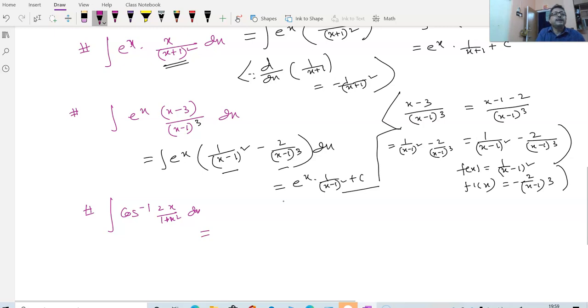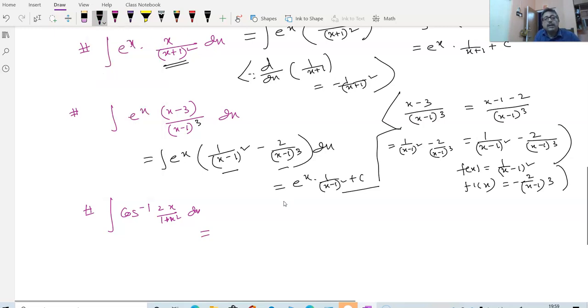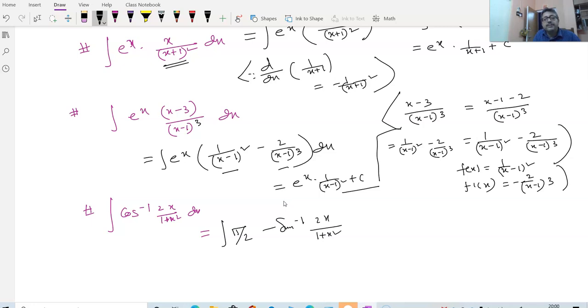You will write this as pi by 2 minus sin inverse of 2x by (1 plus x square). So write this one as pi by 2 into the integration of dx minus sin inverse, this thing is 2 tan inverse x.